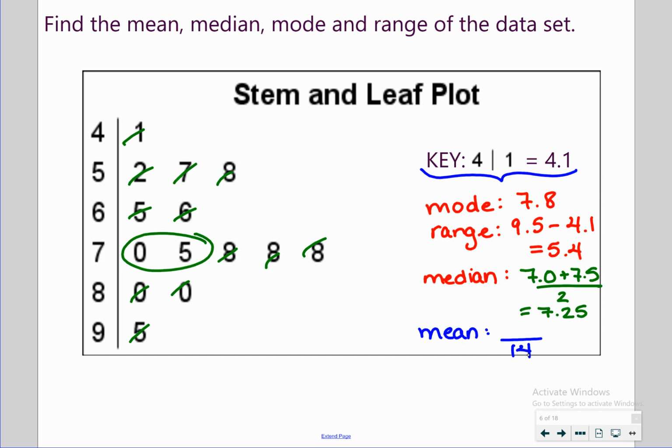All right, I got a sum of 97.3. Yeah, confirming that. All right, divide by 14, I get 6.95 for my mean.